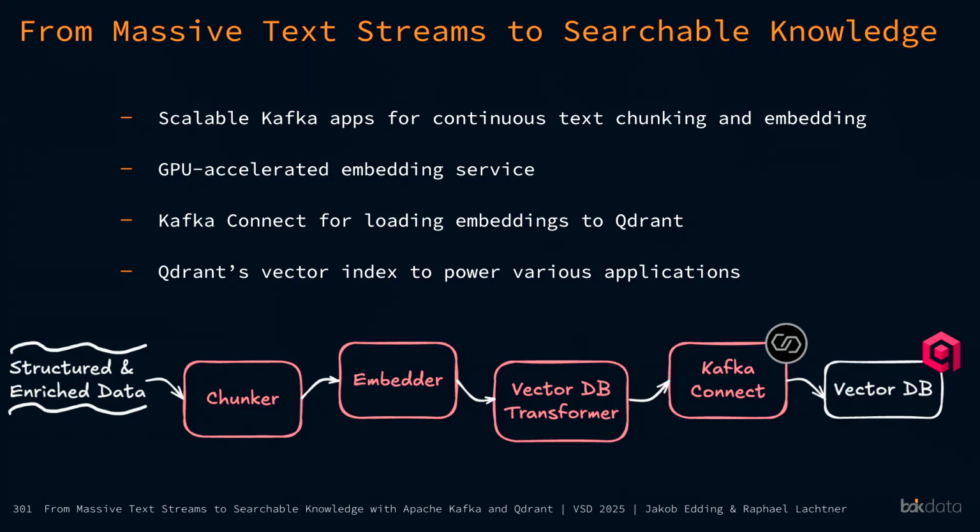And then finally you can harness Qdrant's vector index for semantic search or for building an AI agentic system. I think we've heard a lot about that already today, so that gives you some ideas. There are other experts for that, I think.